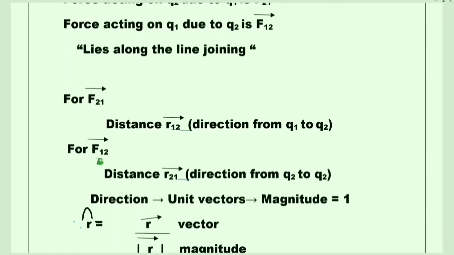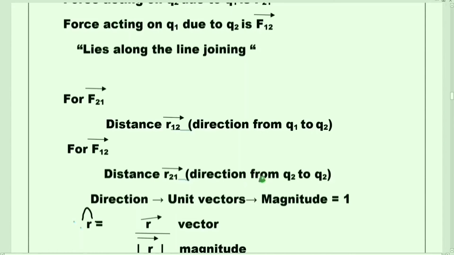Similarly, for the force F12 vector, that is the force on charge Q1 due to Q2, the distance is written as R21 vector, indicating the direction from charge 2 to charge 1.